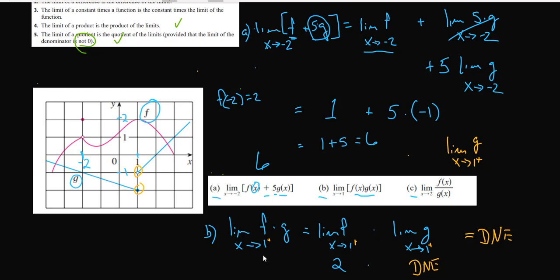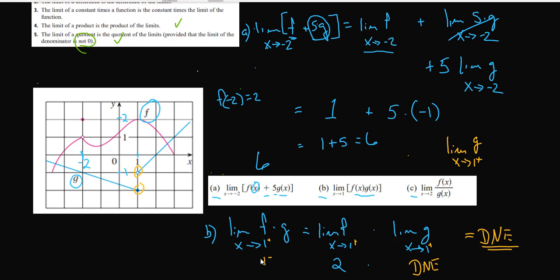But when we do the same thing from the left side, we're going to get a different result. So the left side and the right side are not equal, so we would basically arrive at the same thing, that it doesn't exist.